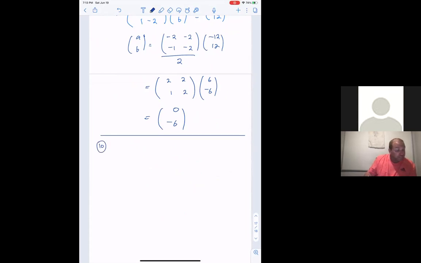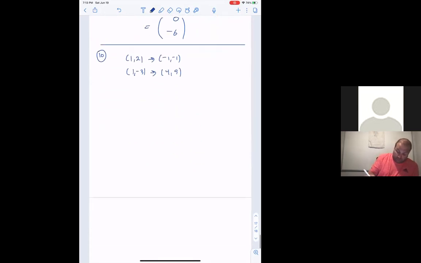Question 10. And it says that the first point should be 1, 2 changed to -1, -1. And the other one, which is 1, -3, is changed to 4, 9.